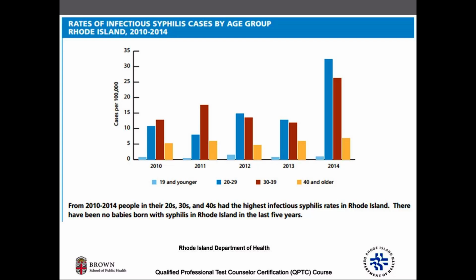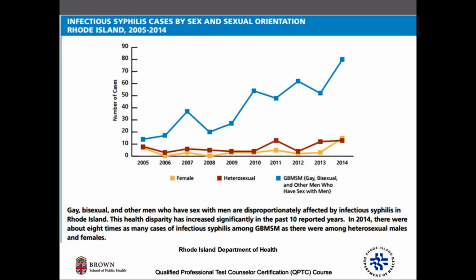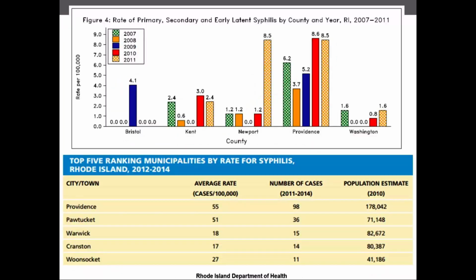Individuals in their 20s and 30s tend to be disproportionately impacted by syphilis in Rhode Island, as well as MSM. From 2012 to 2014, the majority of syphilis cases occurred in and around Providence County. You can see there was also a significant number of cases in Newport.